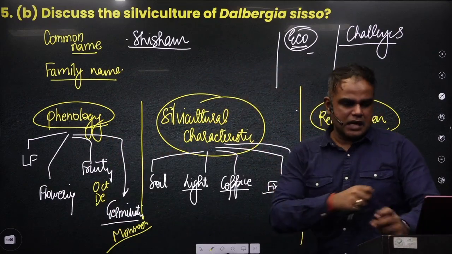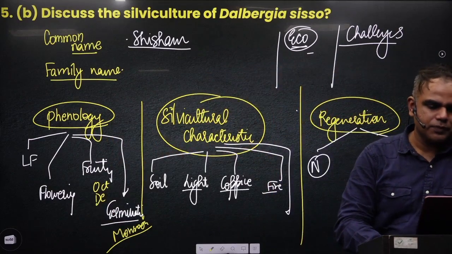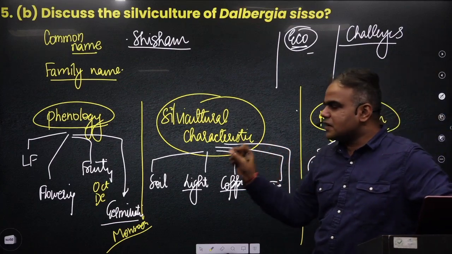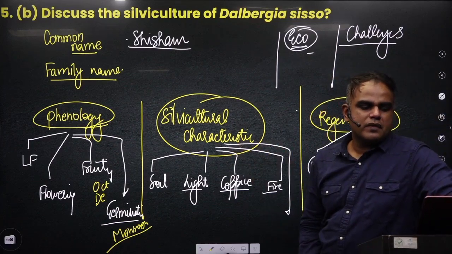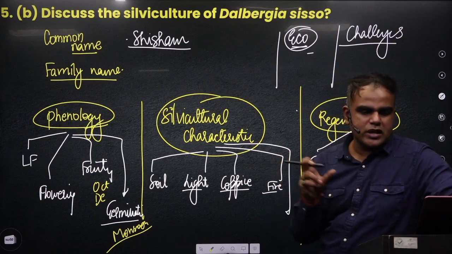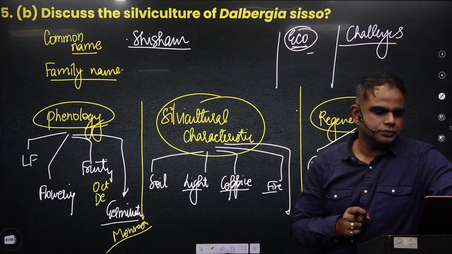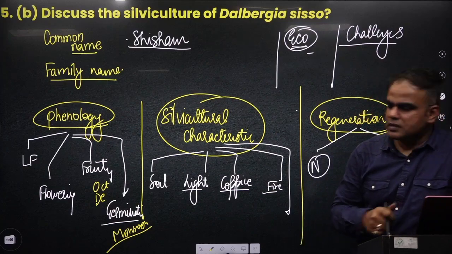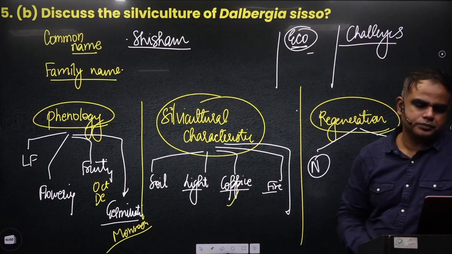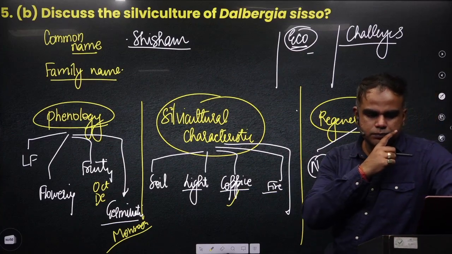Then silvicultural characteristics. A few things I'll tell you. It's a fast growing or moderately fast growing species. Excellent coppicer.